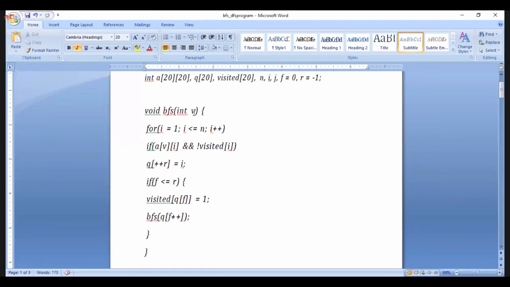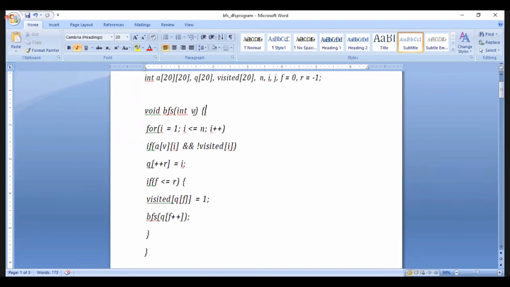No, it won't give an error. If you give F plus 1, it also won't give an error. BFS of Q of F plus plus means I am popping that particular node from the Q because I already inserted it.